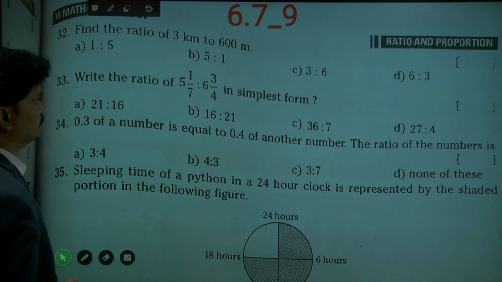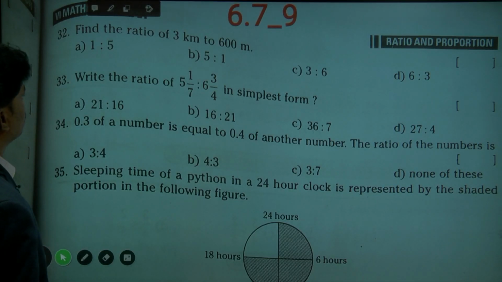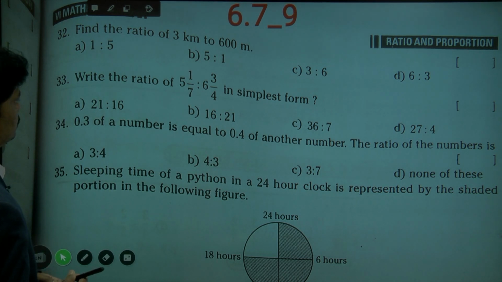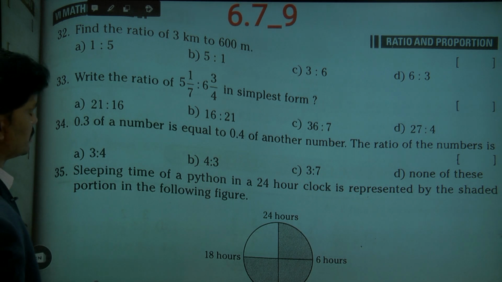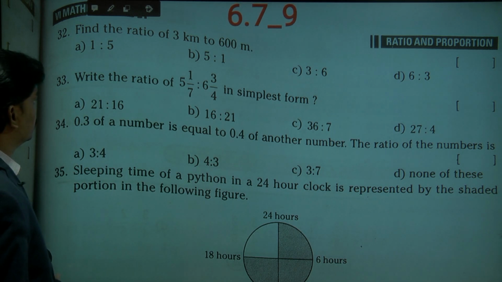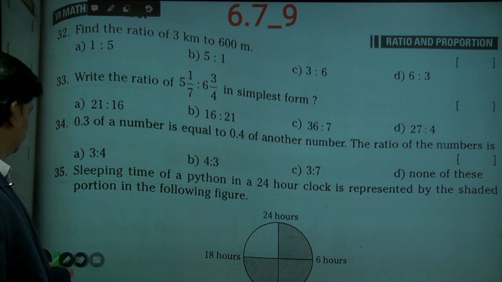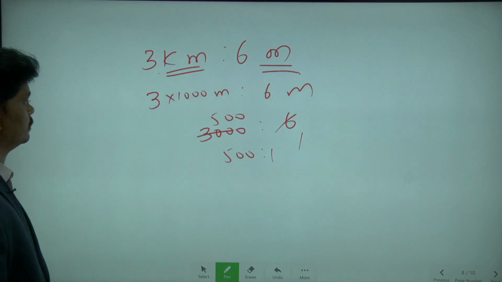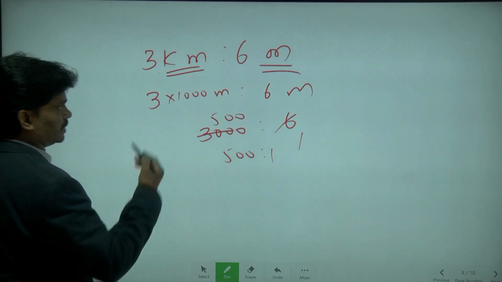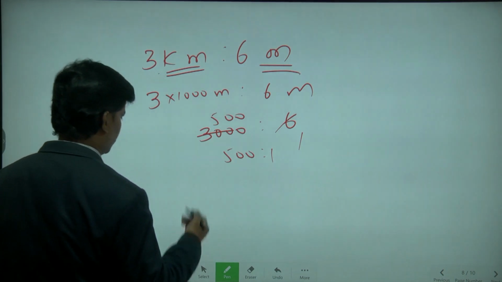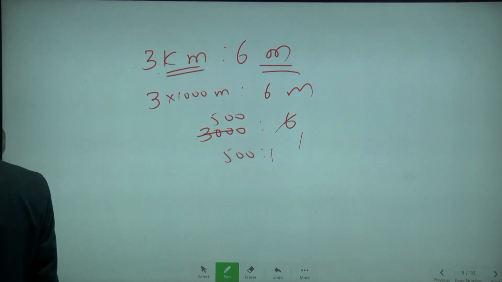Check the answer. 3 kilometers, 600 meters. I think they have written 0.3 also. Meters to kilometers, if you write also you'll get, but 500 is to 1 is the right answer.